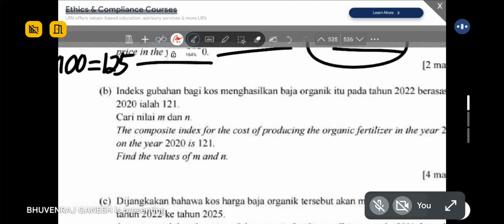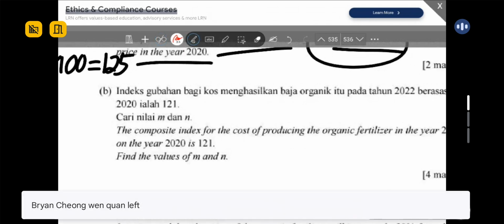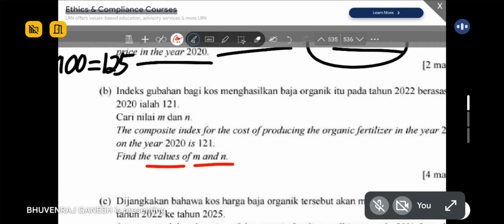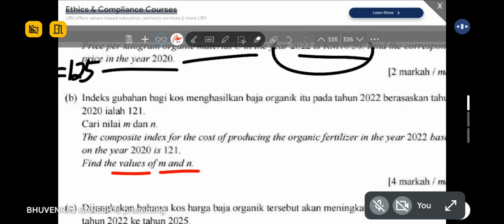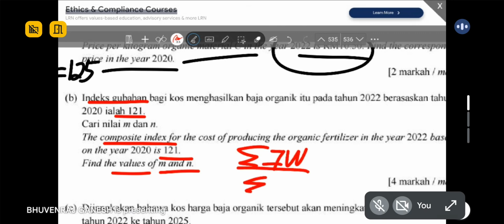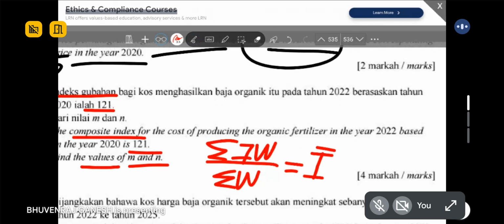Okay, next one. Question B. So they ask you to find the value of M and N. Okay, so they tell you the composite index is 111. Index gubahan. So you guys still remember the formula? Composite index is the sum of index times weightage over the sum of weightage. Am I right?